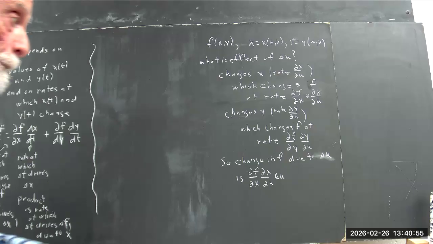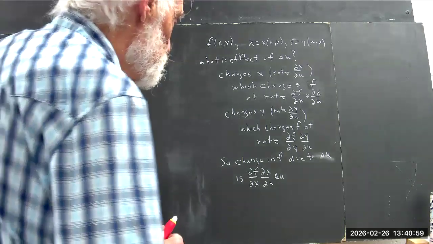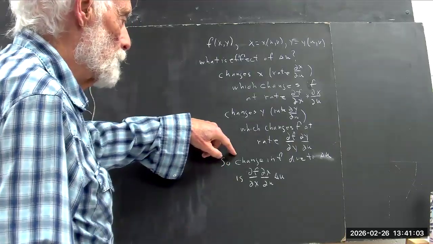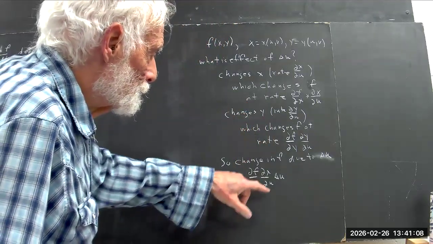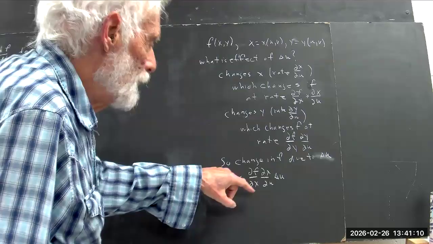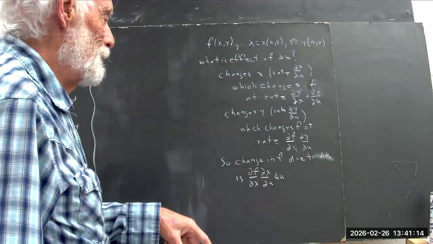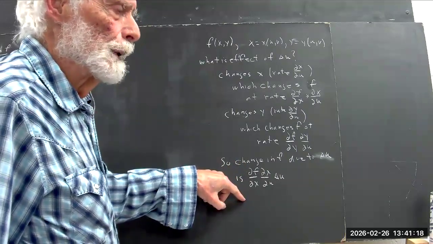So the change due to delta u is the change in x, which is partial of x with respect to u times delta u, times the rate at which f changes with respect to x.